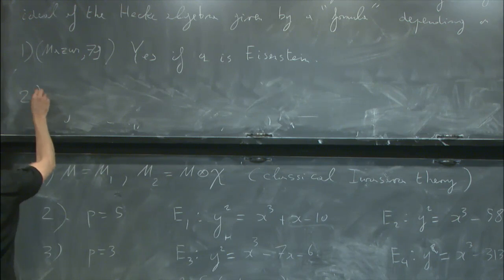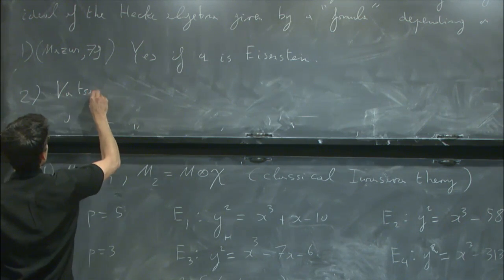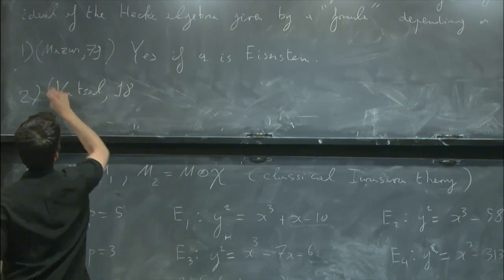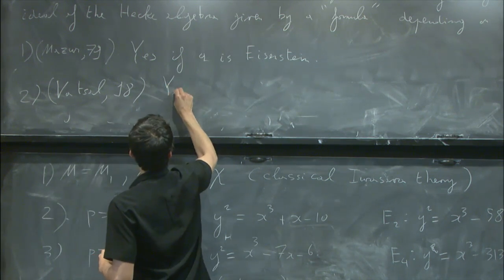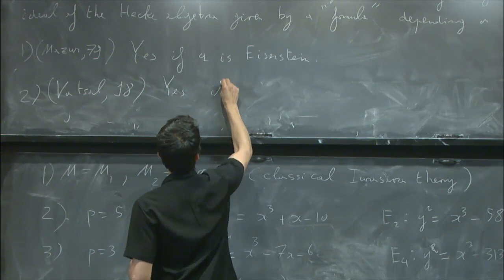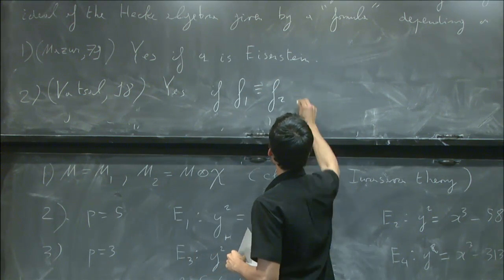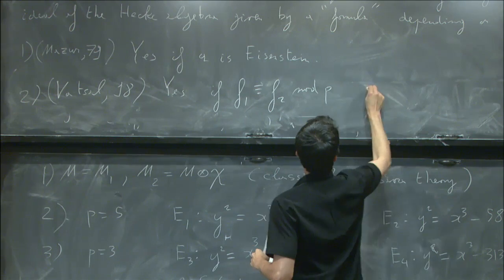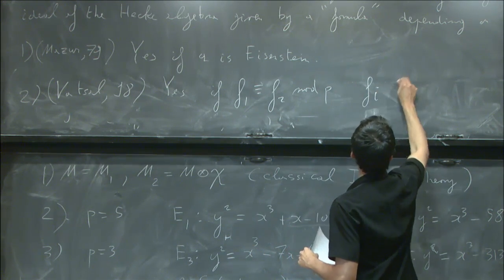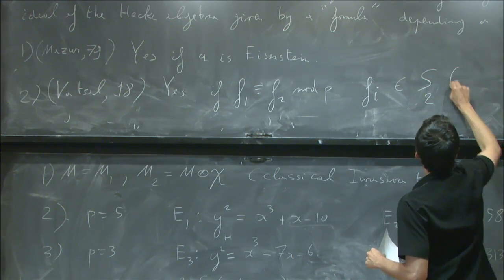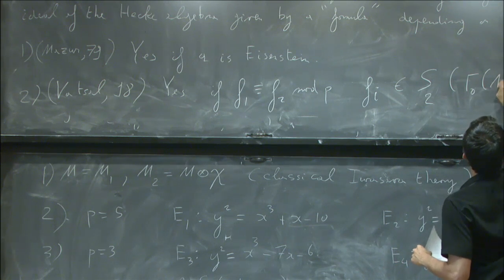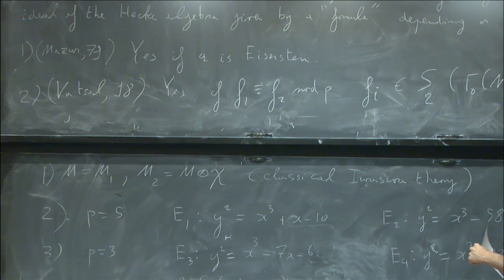Two, almost 20 years afterwards, Vatsal showed that the answer is yes if you have two eigencusp forms, F1 and F2, and they are congruent modulo P, and they are both of weight 2 and new of level n for some n.